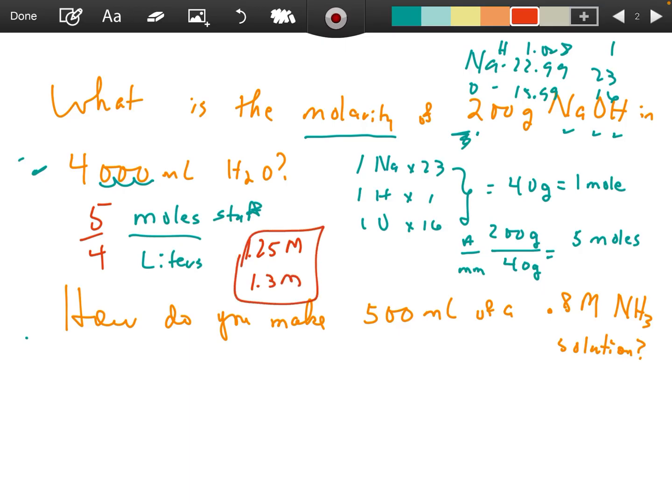Now here, you moved that 3 spots. If I gave you grams of water, you'd still move it 3 spots, because grams of water and milliliters of water are the same thing.